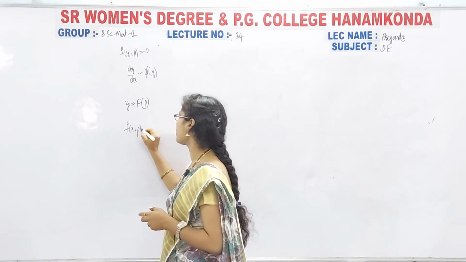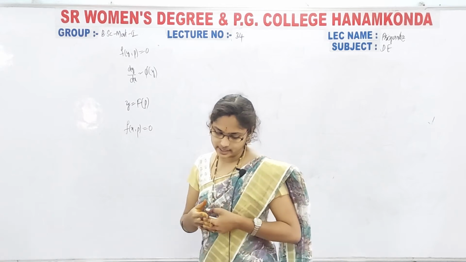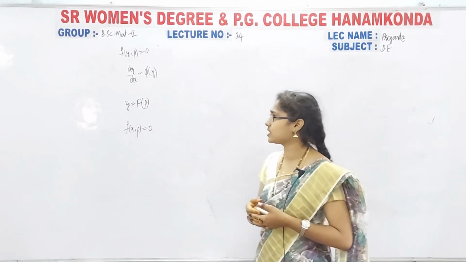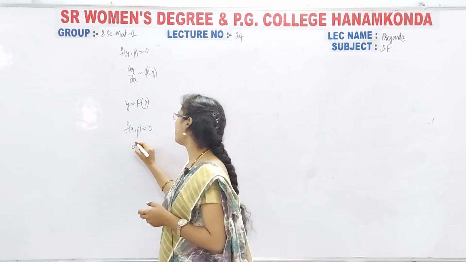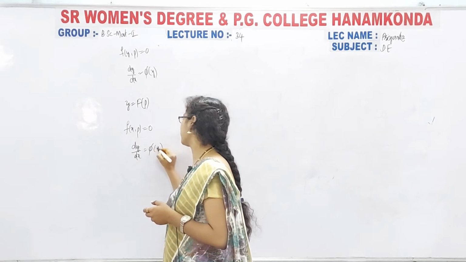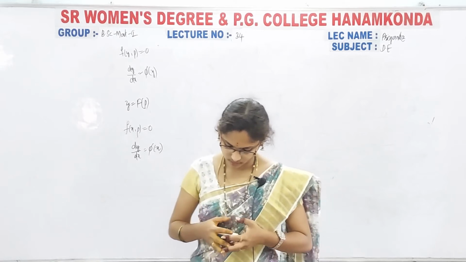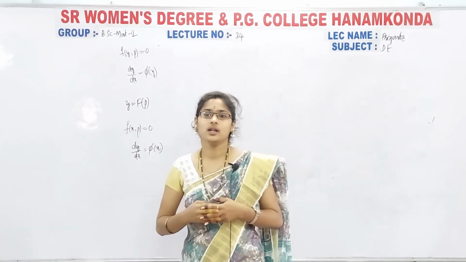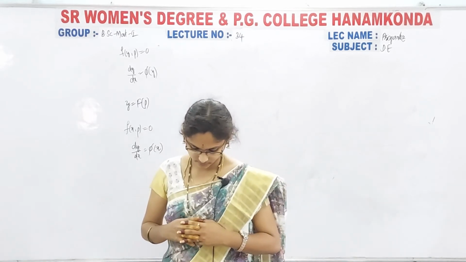When the equation is of the form f of x comma p is equal to 0, it will give dy by dx is equal to pi of x, which is also integrable.